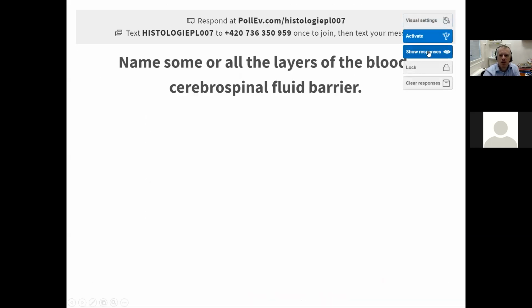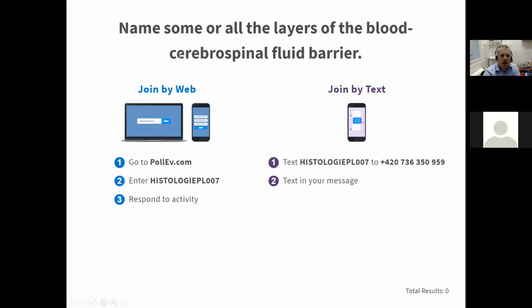Now we proceed to another barrier. Now it's the barrier between the blood and cerebrospinal fluid. Again, try to name some or all of the layers that separate the blood from the cerebrospinal fluid. I mean the histological layers. Again, we just care about histology in this lecture.